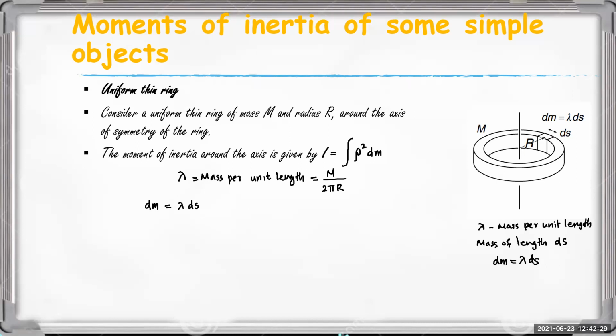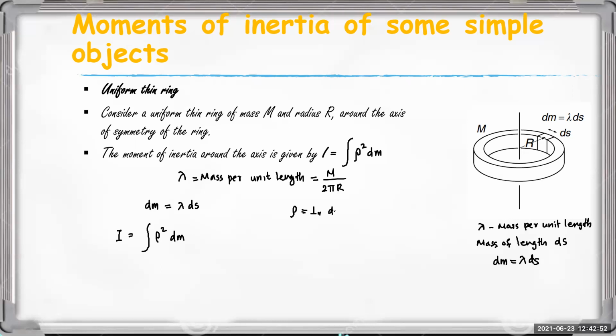And here look at the expression. The moment of inertia I is equal to what? I is equal to integral rho square dm. What is rho here? Rho is equal to what?